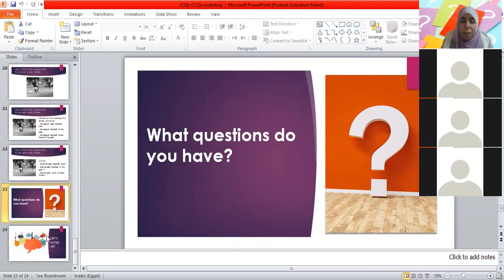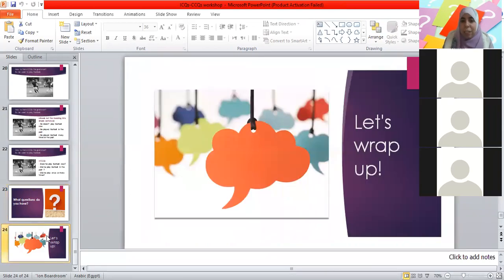Okay, so let's wrap up this part about CCQs. Okay, so who can tell me what are CCQs? Concept checking questions, that's right. Remember the kinds of concept checking questions? Display, operational, referential, yes.